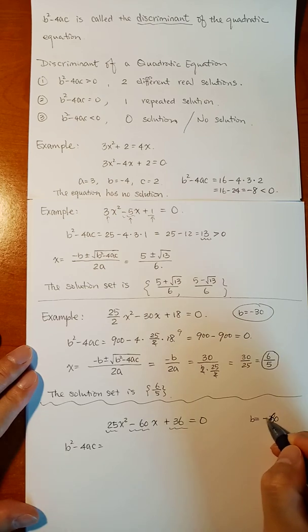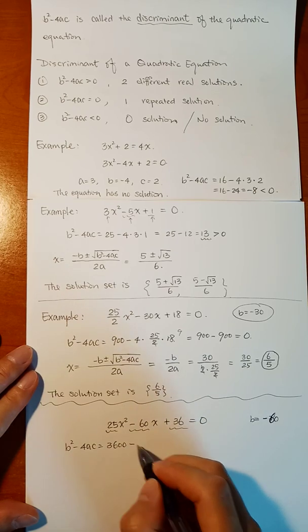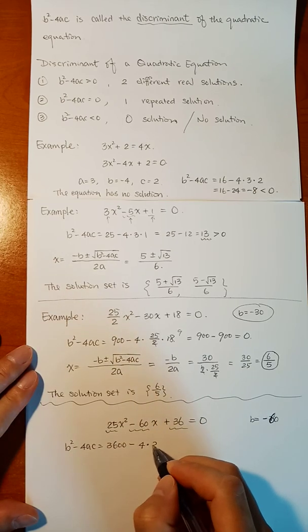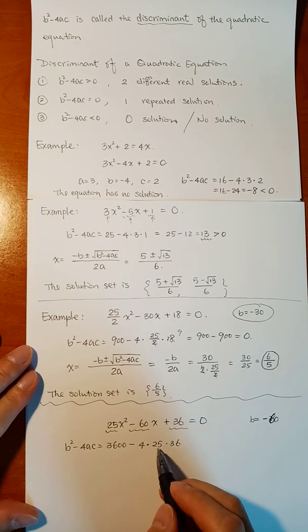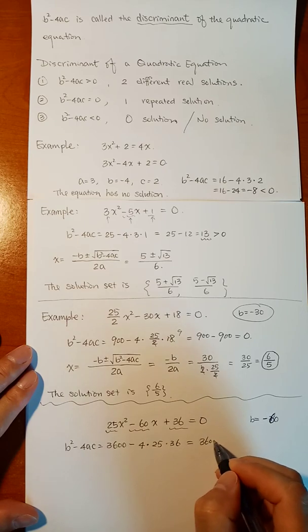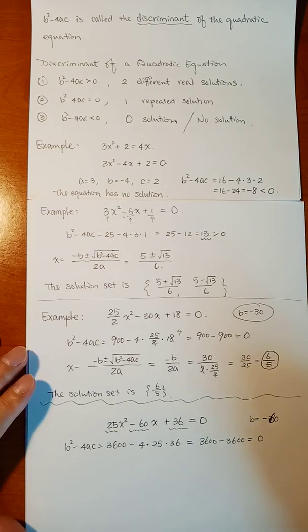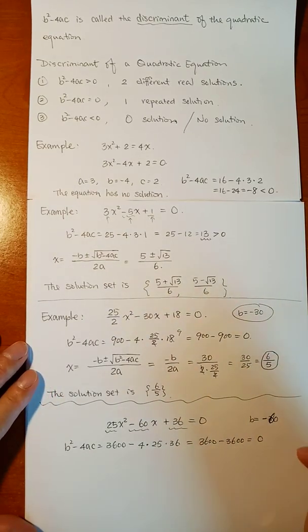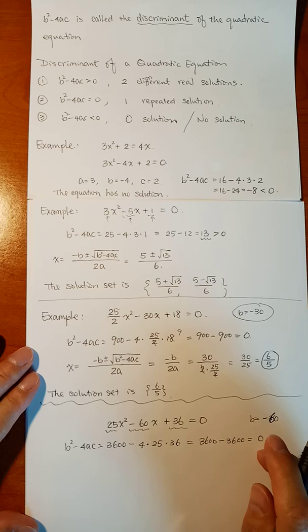So its square is 3,600 minus 4AC. 4 times 25, 100 times 36 is 3,600. Still 0. Discriminant, that's not determinant. Discriminant is still 0. It means the equation still has a double root.